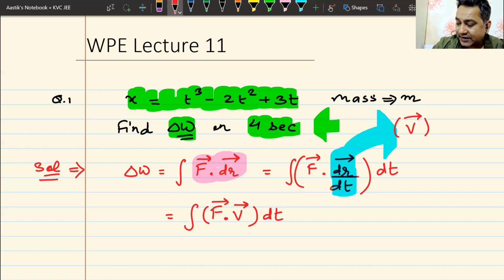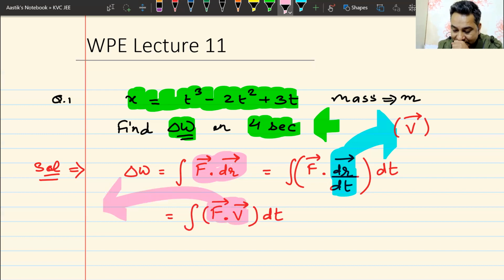Now, this F dot v is also known as something. Can anyone guess what this F dot v is?